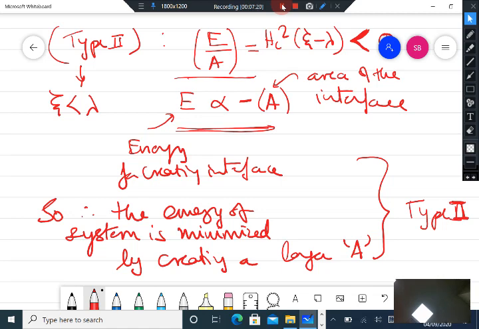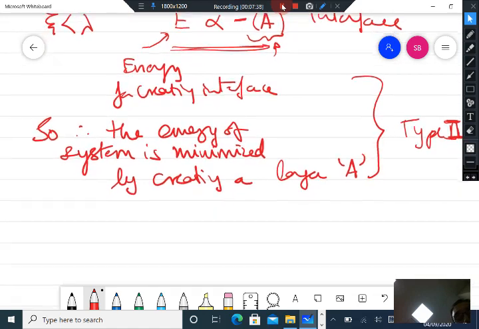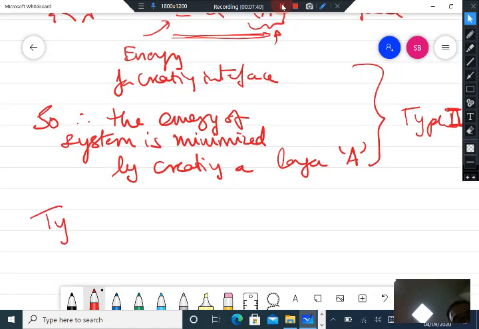Okay, if you start making the surface area between normal and superconducting regions very large, that is better, because E becomes even more negative. Larger the value of A, E is even more negative, so the system will become more and more negative.